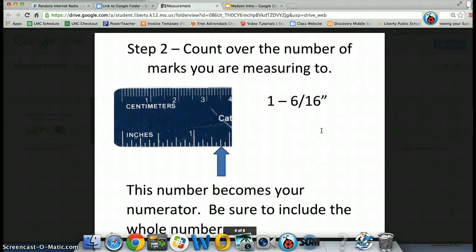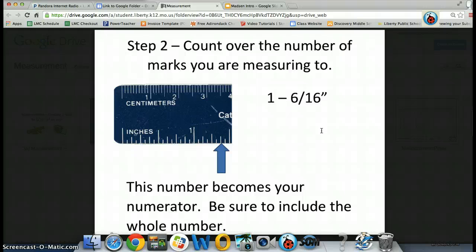Okay, next step, count over the number of marks you are measuring to. So on this ruler, from the 1, I'm over 1, 2, 3, 4, 5, 6 marks. 6 marks over from the 1. The 1 itself, the last full number.